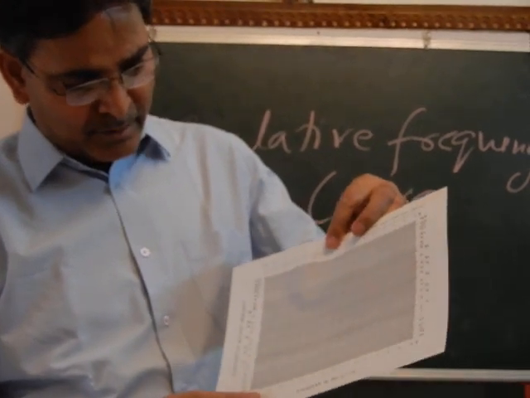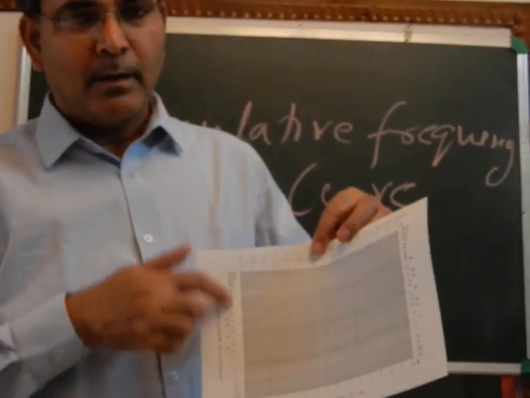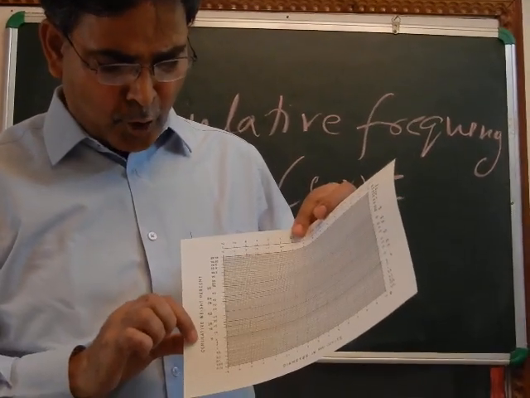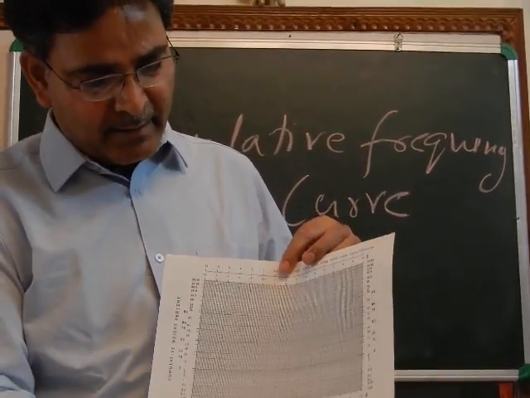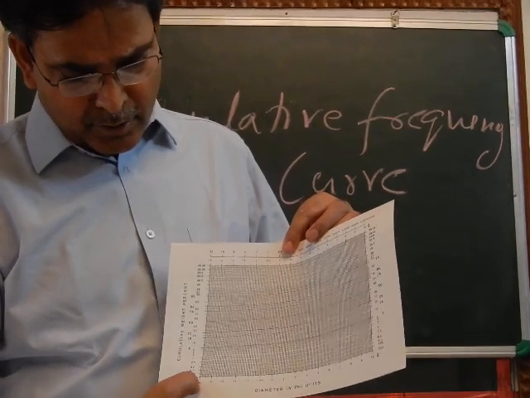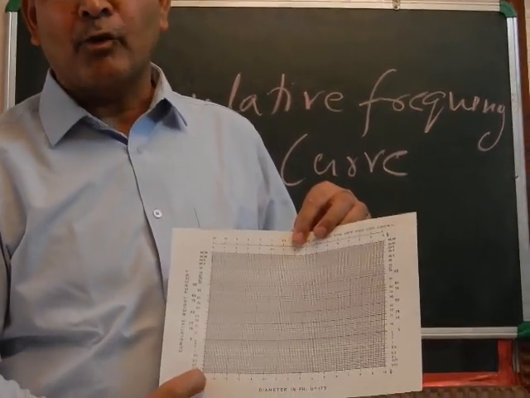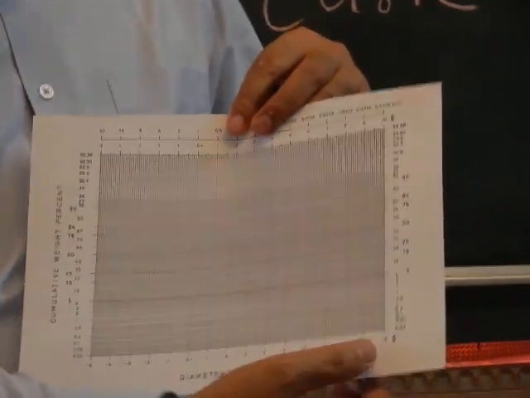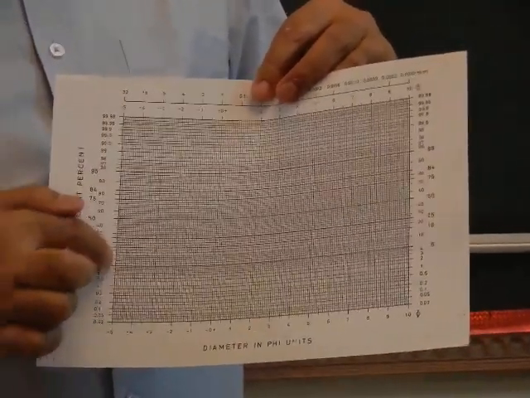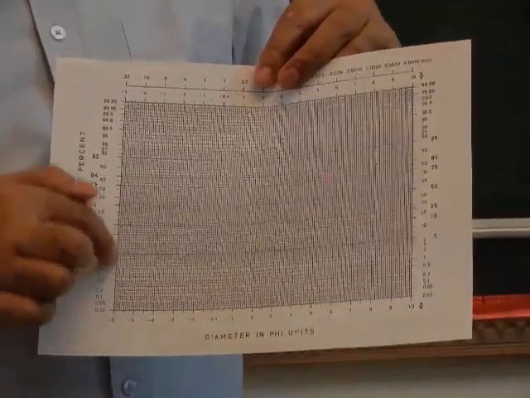You can see that this indicates the cumulative weight percentage, and this indicates the diameter in phi units. This is minus 5, meaning coarser sediments, this is plus 10, meaning finer sediments, and this is the direction of the increase of cumulative percentage of the sediments.